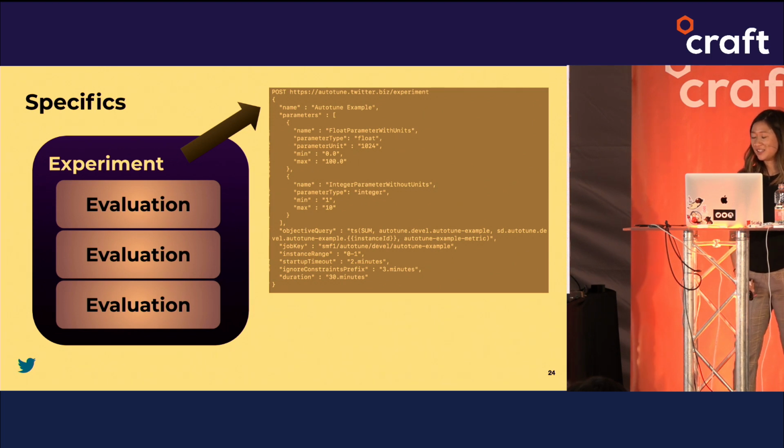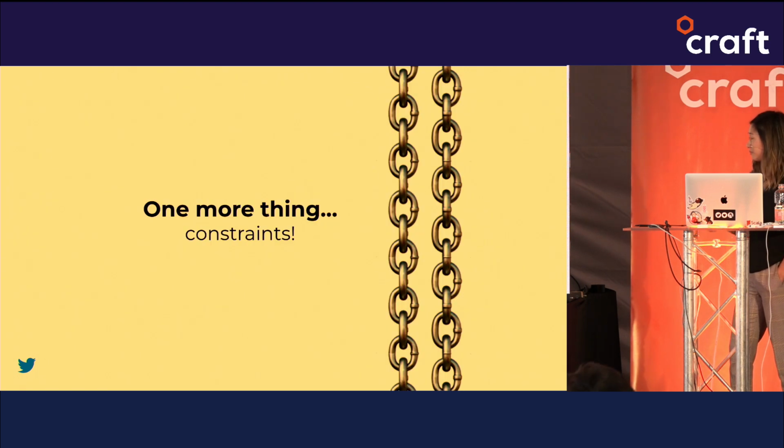One last thing about AutoTune specifics is you can also specify constraints on the tuning process. Sometimes poor configurations are generated, and it's basically crashing and burning, and you want to terminate it as quickly as possible before it affects the service's performance as a whole.